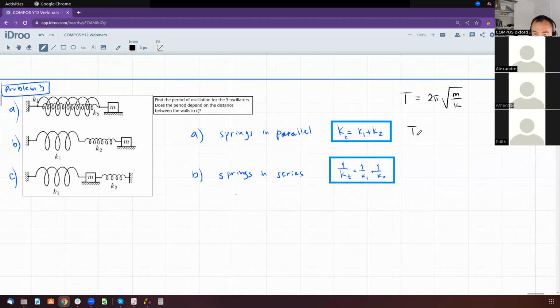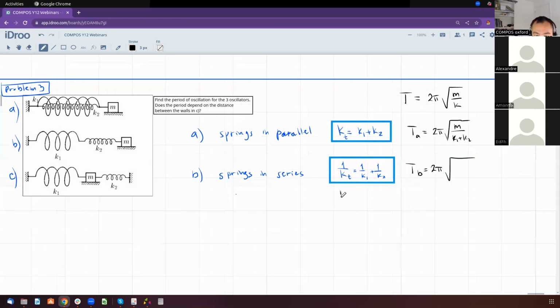In the first instance, A, the time period of oscillator A is 2 pi square root m over k1 plus k2. TB is going to be 2 pi square root.